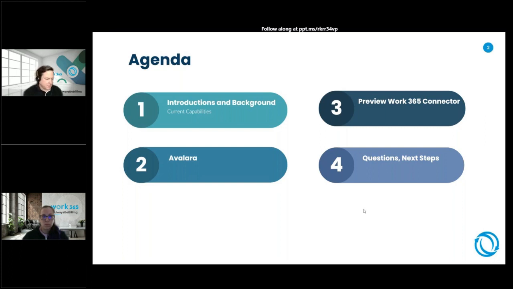Also, we'll turn it back over to Kayla, and she's going to be showing how we connect, set up, and configure Avalara into Work 365. And then we're going to wrap up today with some questions, next steps, and go from there.